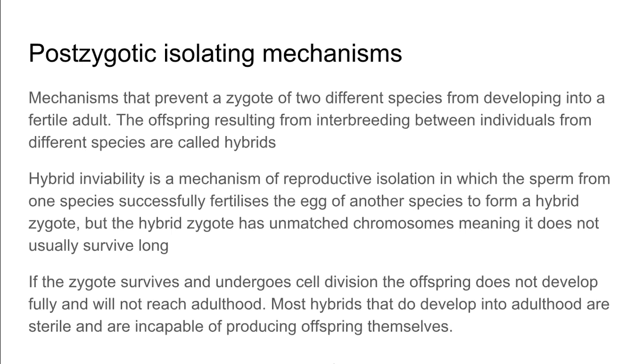But this hybrid zygote has unmatched chromosomes, meaning it does not usually survive long. If it does survive and undergoes cell division, the offspring does not develop fully and will not reach adulthood. If there are hybrids that do develop into adulthood, they're usually sterile and incapable of producing offspring themselves.